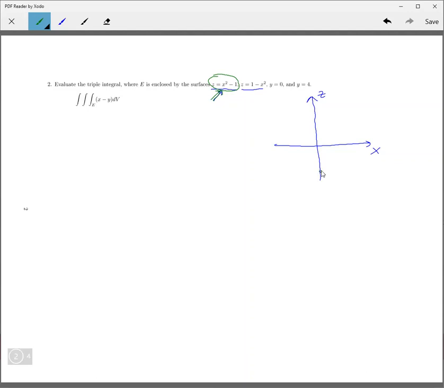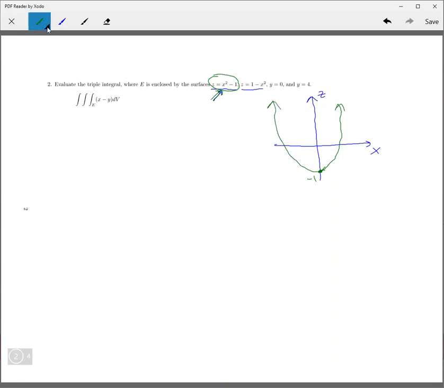Yes, the vertex is down here at -1, and it opens up, right? Right. So it's, what the heck was that? Dang, I wish I could draw better.